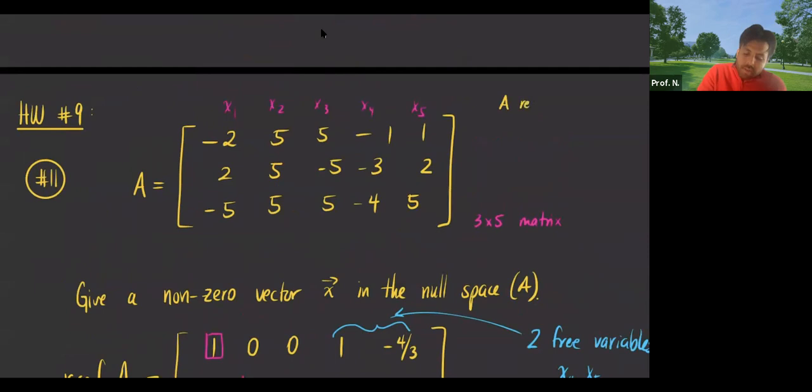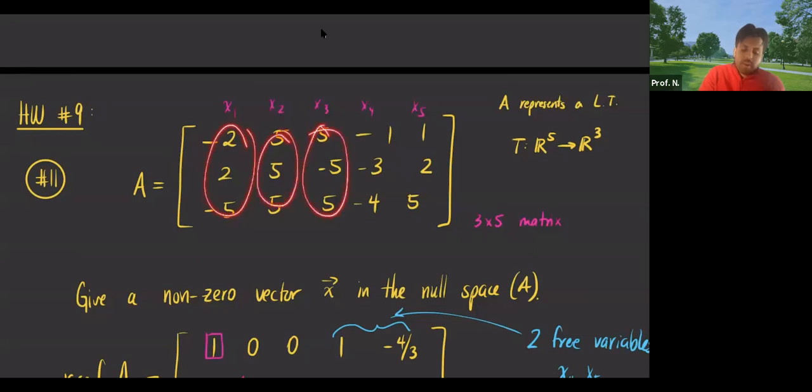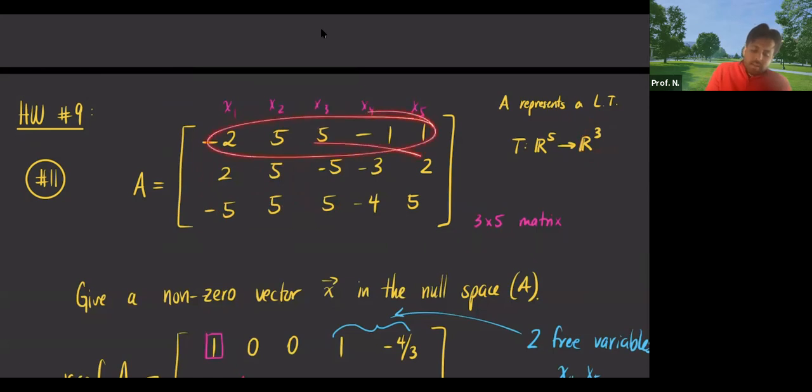A represents a linear transformation. Don't forget about that connection. It represents a linear transformation, called T, and T goes from R5 to R3. So these column vectors are a basis for R3, and these row vectors are a basis for the subspace of R5, which is the row space.